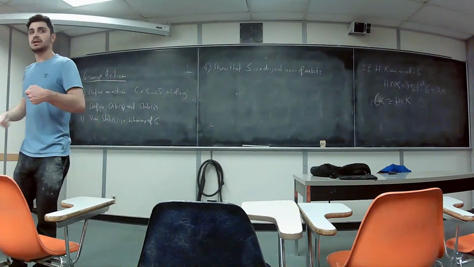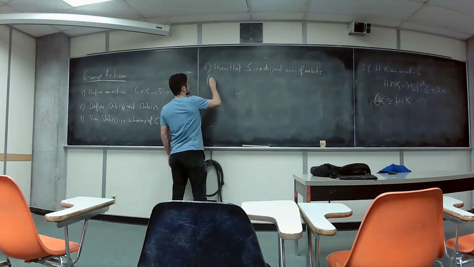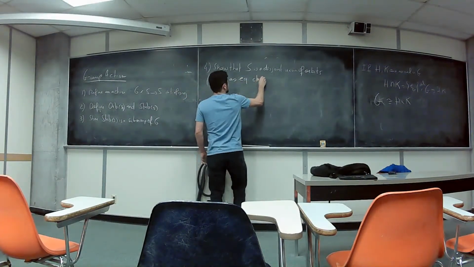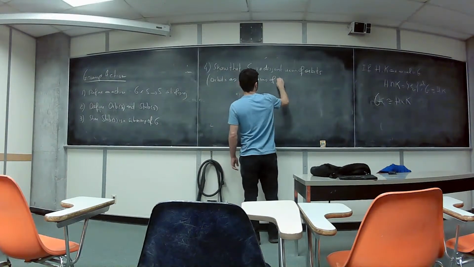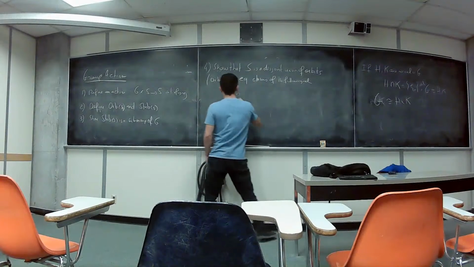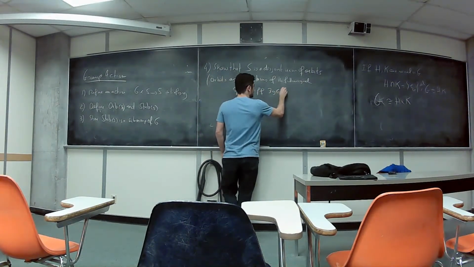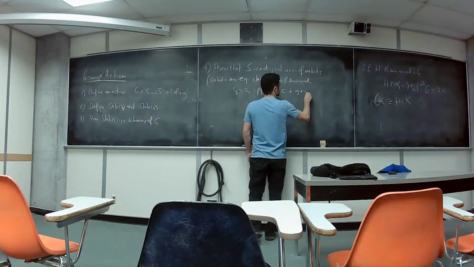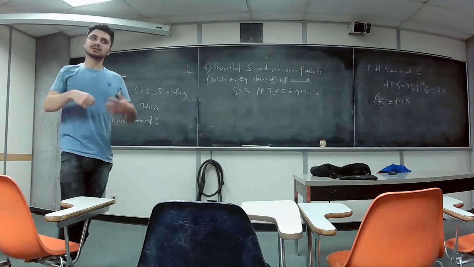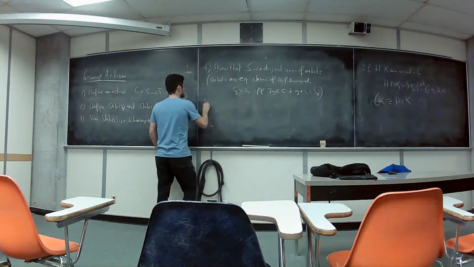You define an equivalence relation on S. Interpret orbits as equivalence classes of the following relation: S1 is related to S2 if and only if there exists g in G such that g star S1 is equal to S2. To show it's an equivalence relation, the orbits are the equivalence classes, and you get that. Now the most important one is the orbit stabilizer theorem.